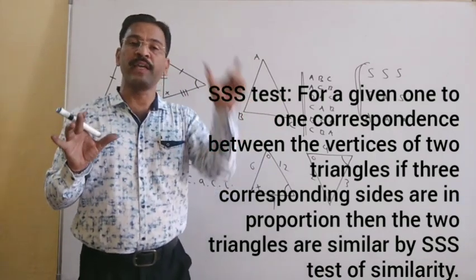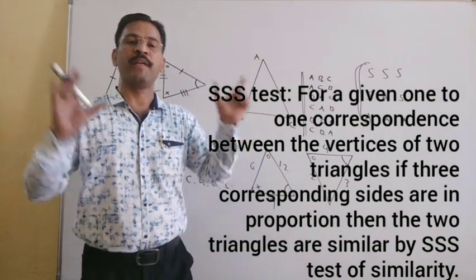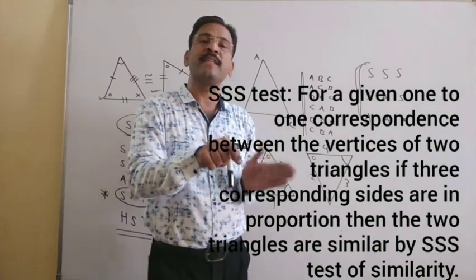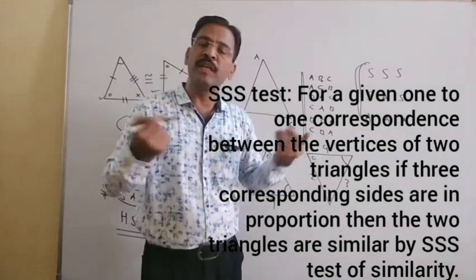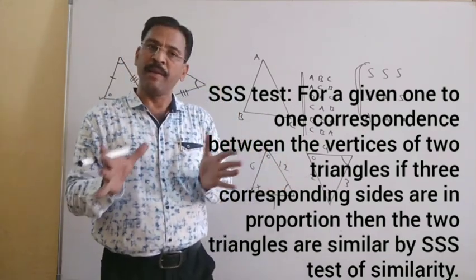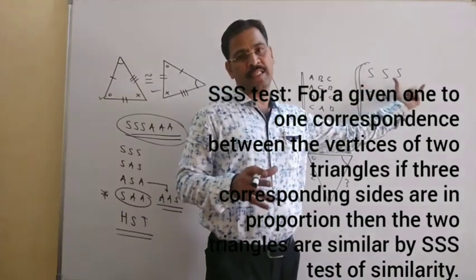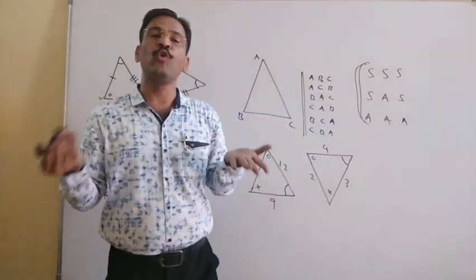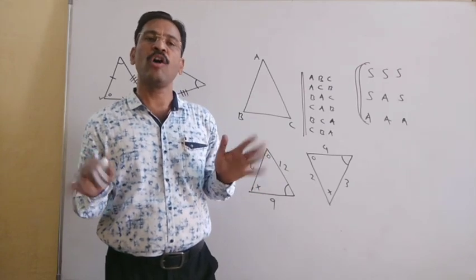Means what? For a given one-to-one correspondence between the vertices of two triangles, if 3 corresponding sides of both the given triangles are in proportion, then we can say the two triangles are similar by SSS test. Okay? Then the remaining conditions are automatically satisfied.